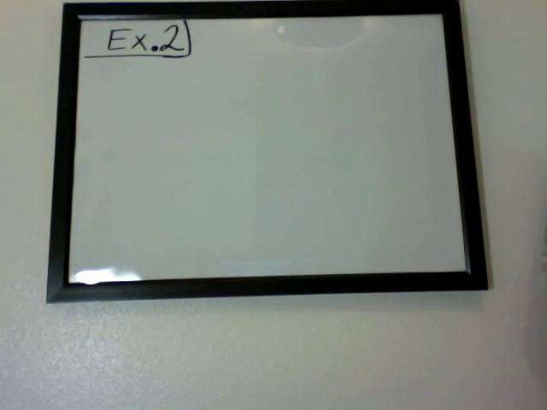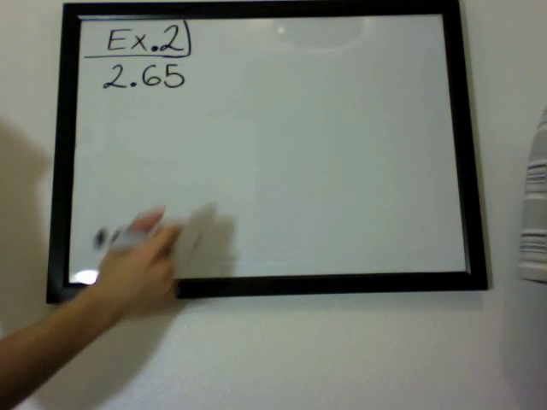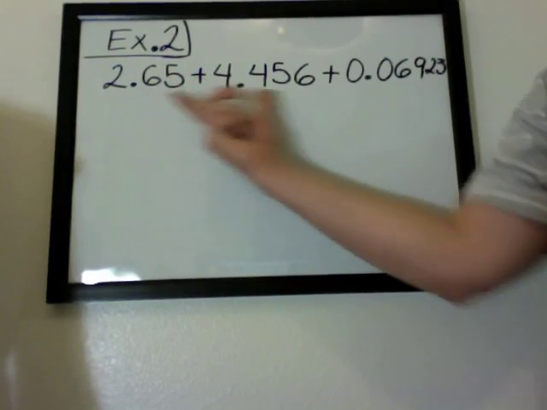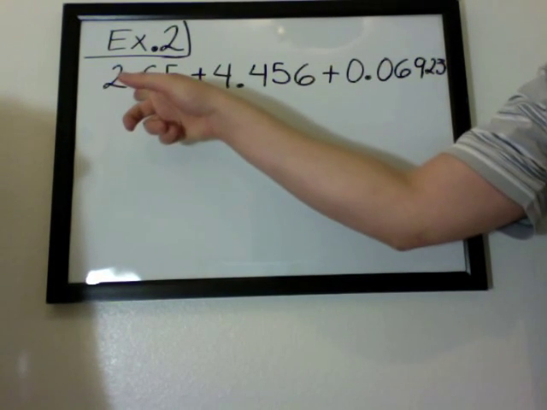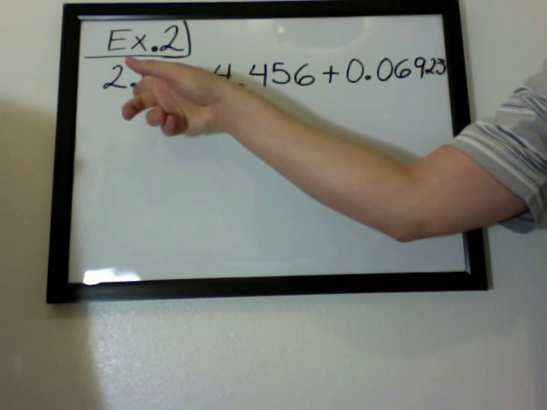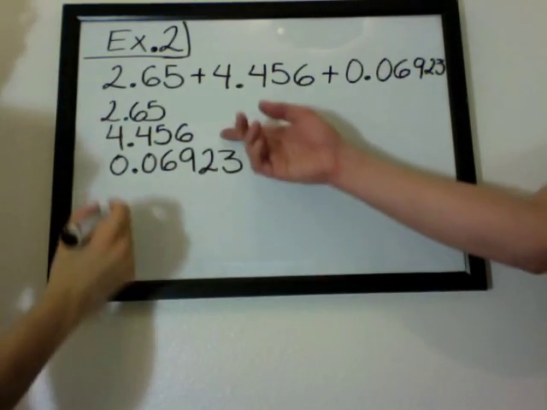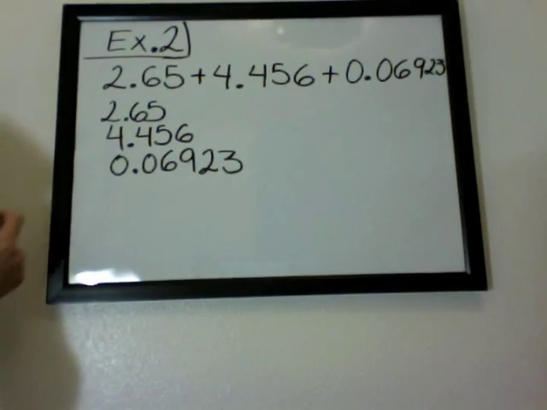Example number 2, say we're adding 2.65 plus 4.456 plus 0.06923. So now we just move these into a vertical column. Make sure to line up the decimals with the places in order. Then add in the zeros so you can see what's above the other numbers that don't have numbers above them.